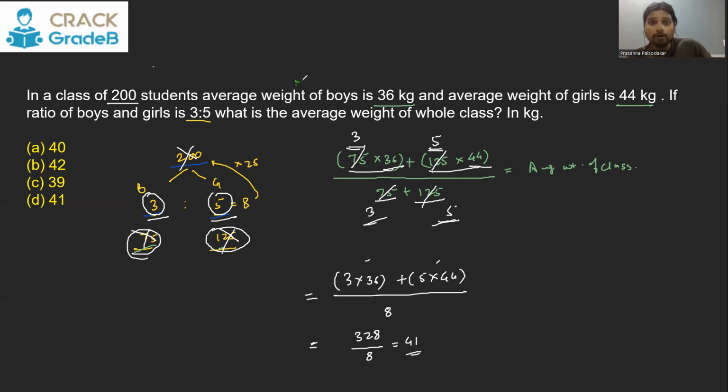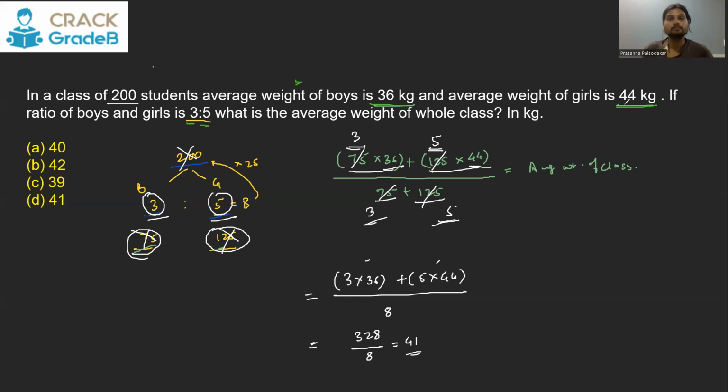Now, why is this so important? First of all, these types of questions are not only about the average of 2 groups. The same question can be framed under different topics. For example, if I say I invested 3 parts of my money at 36% rate of interest in simple interest, and 5 parts of money at 44% rate of interest, what is the resultant rate of interest I'm getting?